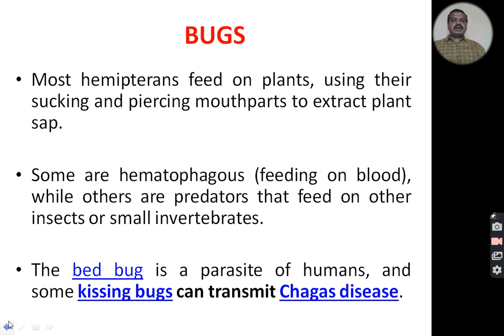Some bugs are adapted to feed on the blood of vertebrates, while others are predators. They usually feed on smaller organisms, other insects and also small invertebrates. The bedbug is a parasite of humans, and some kissing bugs can transmit a disease called Chagas disease.